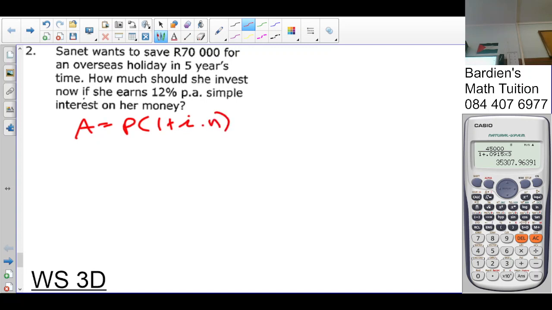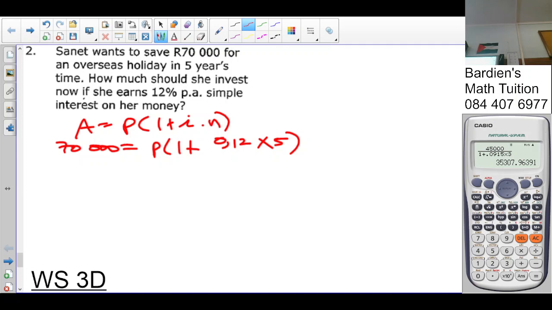What is the final amount? 70,000. She wants the end of it 70,000 rand. Not so? P, they want to know how much should she invest now. So it's a P value we calculate. Not so? P into 1 plus I, which is 0.12 times, we time in years, which is 5 years.